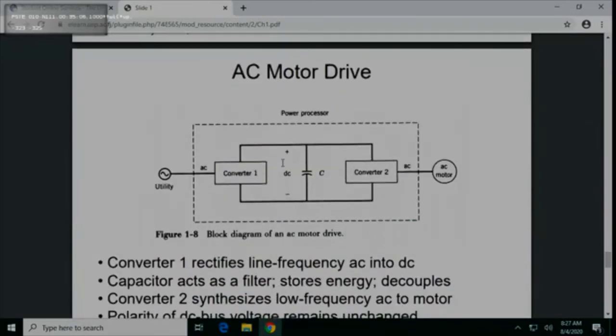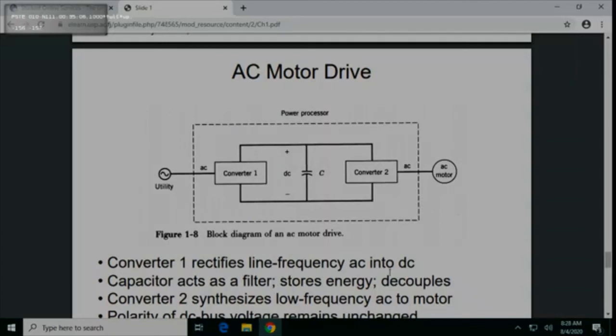Now, this is what I was talking about previously. AC motor drive: the utility supply, that's the grid, 415 volts, comes into the converter. You transform it to DC, store it in the DC link, and use this DC power to charge up this converter, and control this converter to have a desired speed for the induction motor.